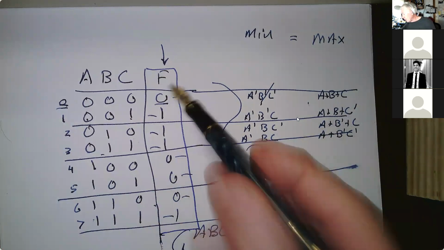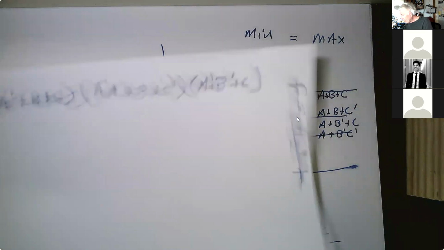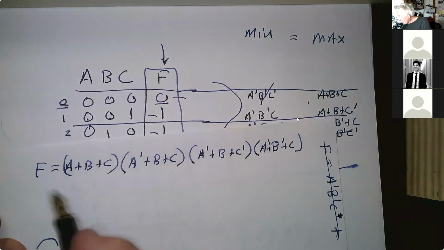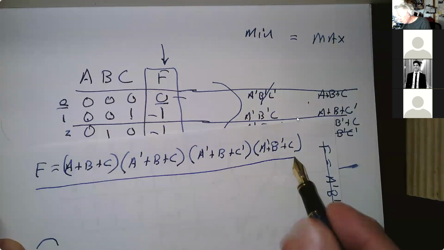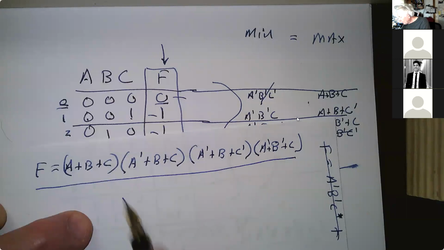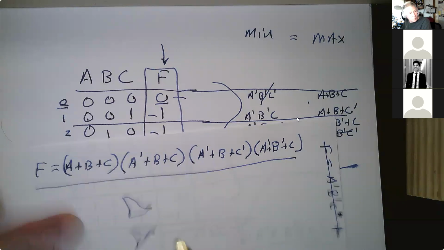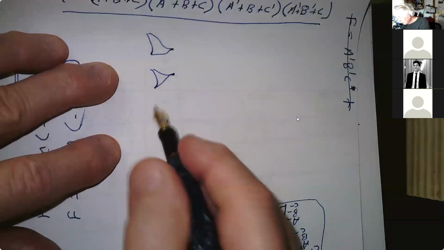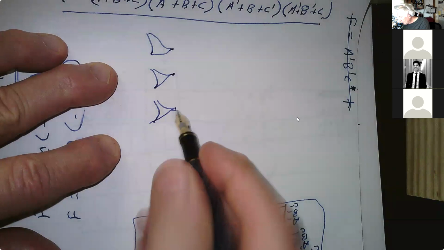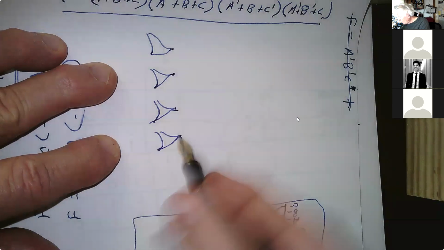So this is our given, and this is how we can implement it in a 2-layer network with a set of input OR gates and one output AND gate.